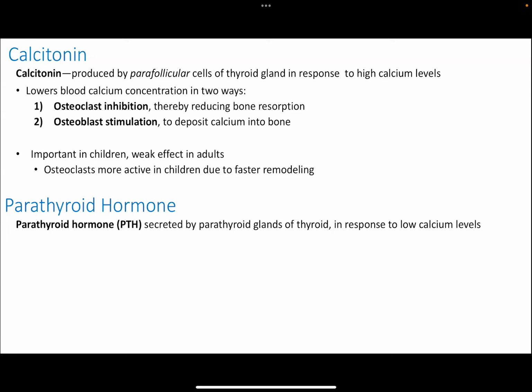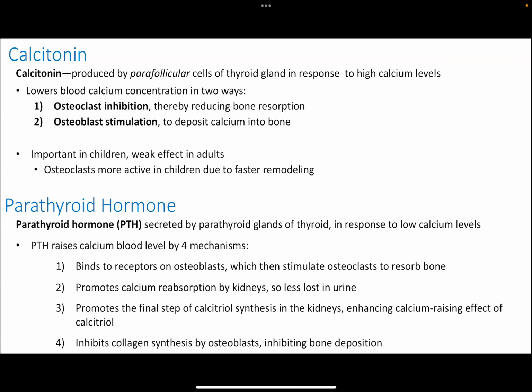And the final hormone is parathyroid hormone. Parathyroid hormone is secreted by the parathyroid glands, also of the thyroid, but it's not the parafollicular cells, so you'll want to keep all of these straight. They're separate. This is released when there are low calcium levels in the blood.